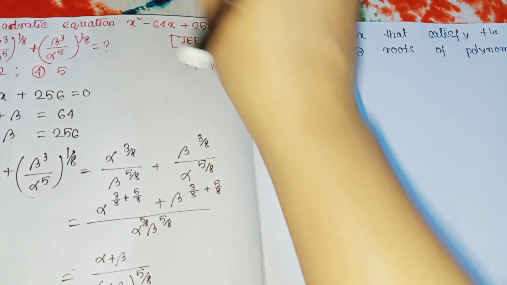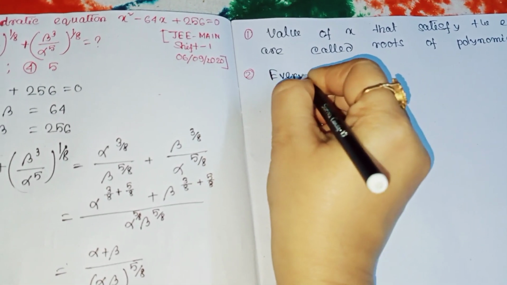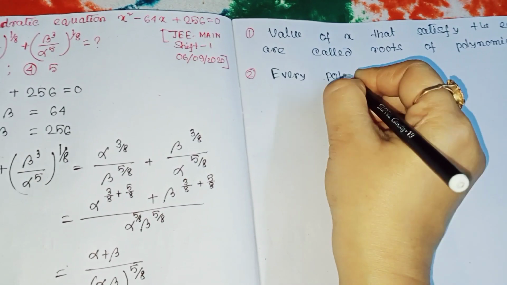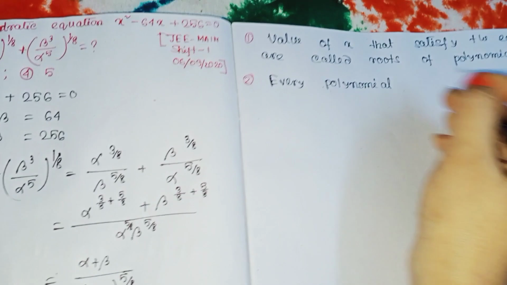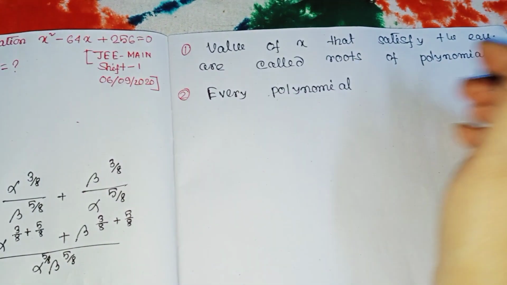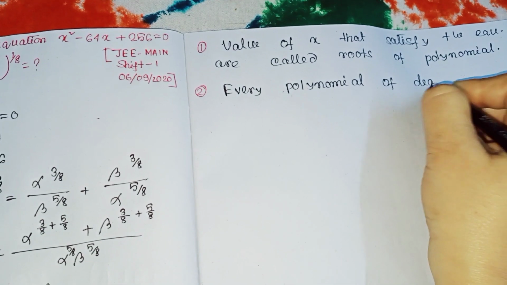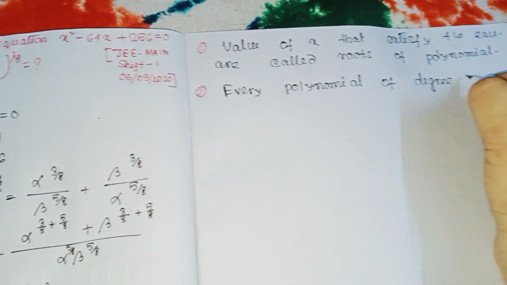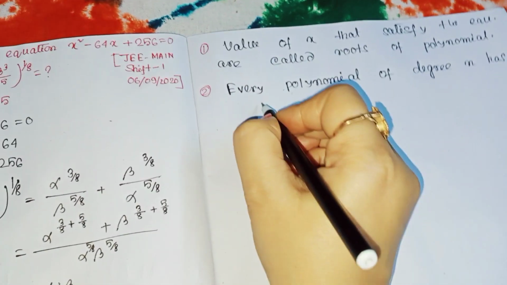And number two is every polynomial of degree n has n roots.